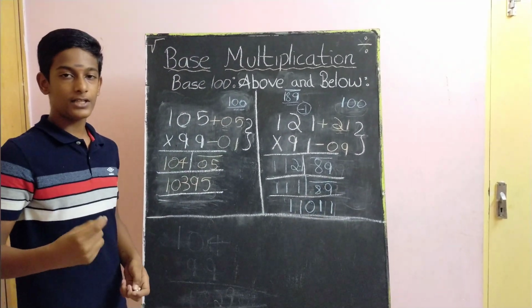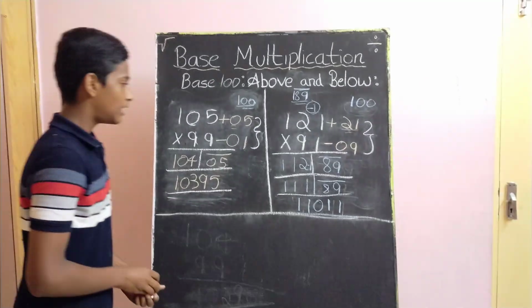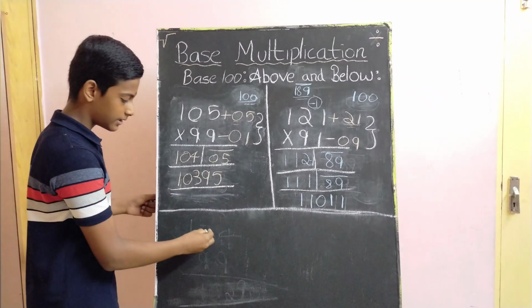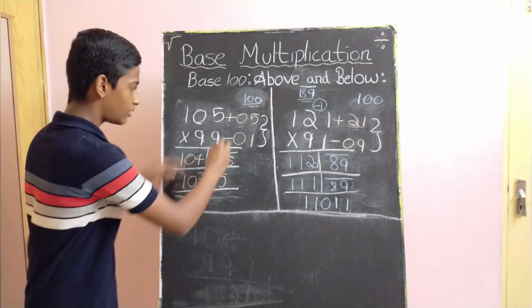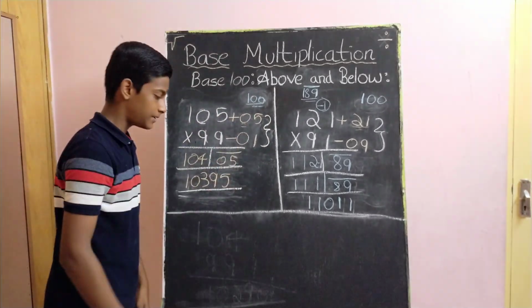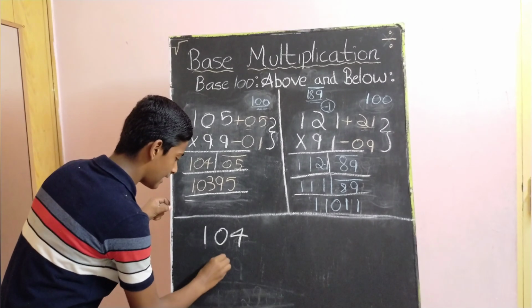Here, for making you understand more clearly, I am writing this many steps, but as you practice harder and harder, you can solve it lightning fast. Now I'll write a sum and I'll just solve it for you without these many steps. Let's take 104 and 99.